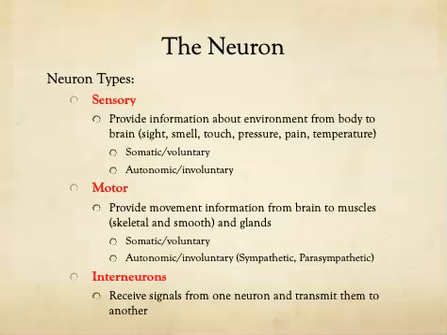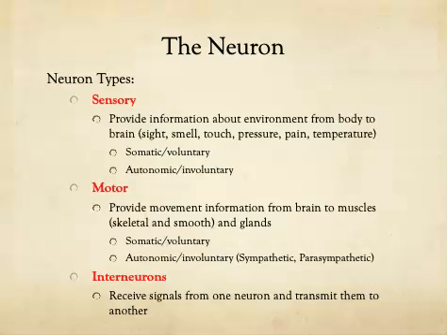Remember, some of them are somatic, some of them are on the voluntary side of things, and others are autonomic. We don't have to think about this stuff. This information is being received by the sensory neurons without us even really being aware of it.